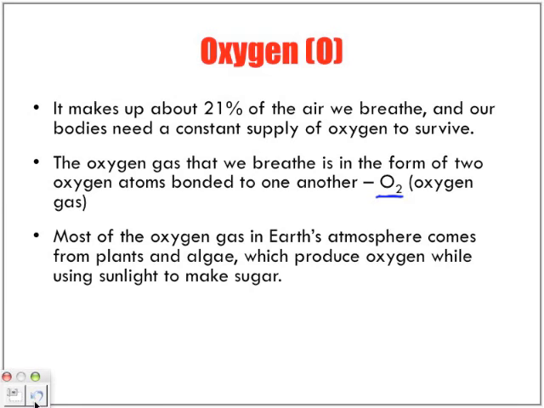Most of the oxygen gas in Earth's atmosphere comes from plants and algae, which produce oxygen while using sunlight to make sugar. This is the process called photosynthesis. So we need plants. Tearing down the rainforests, cutting down trees, paving open fields into cement playgrounds, into malls.